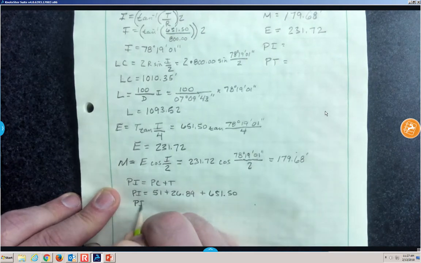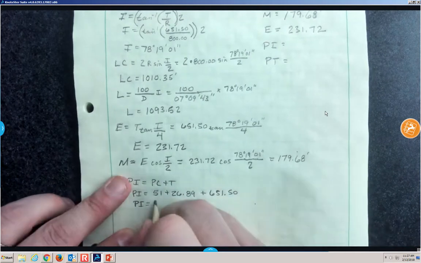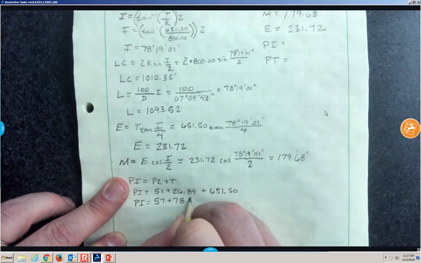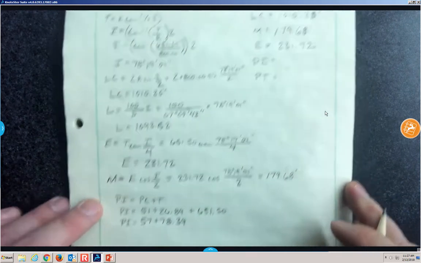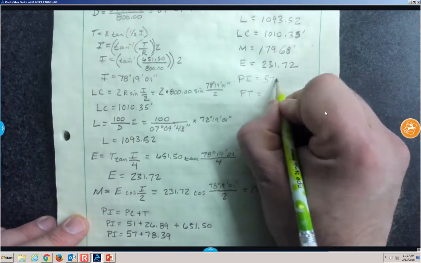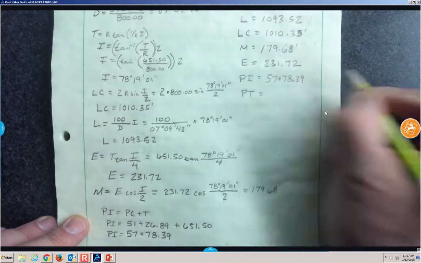So the PI equals 57 plus 78.39. So that's our PI.